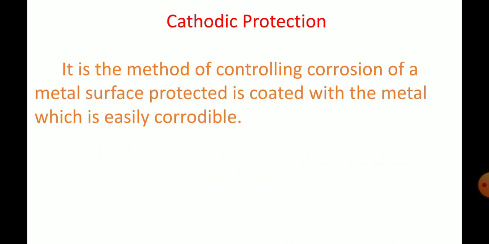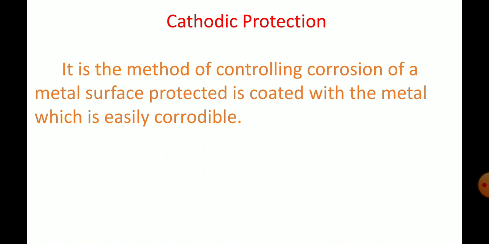Okay, then finally we have the method cathodic protection. Students, it is a method of controlling corrosion where a metal surface is coated with a metal which is easily corrodable. The easily corrodable metal is coated over another metal so that when the metal is exposed to corrosion, the easily corroded metal is corroded, whereas the precious metal is protected.